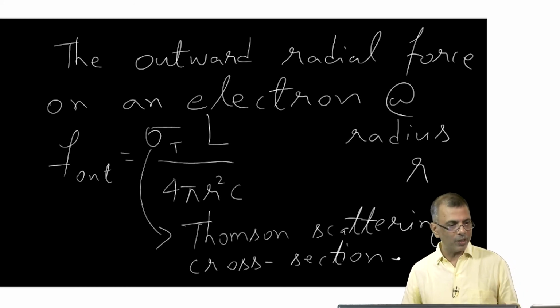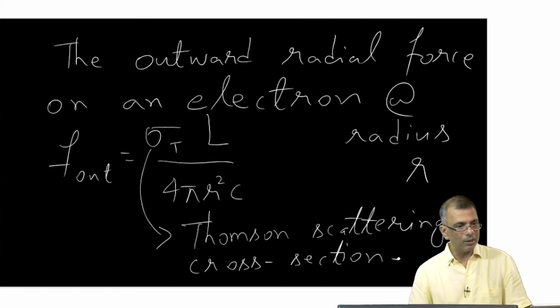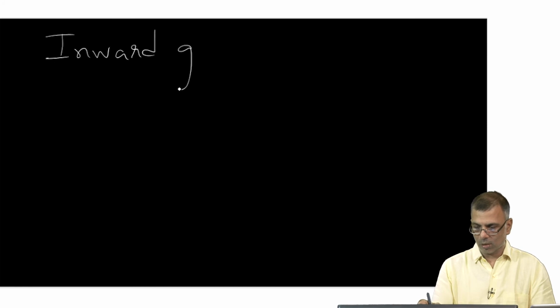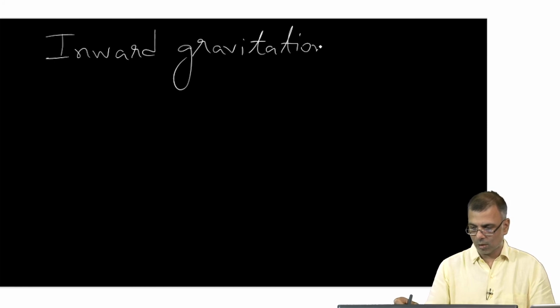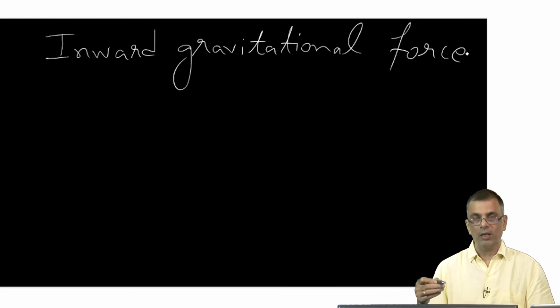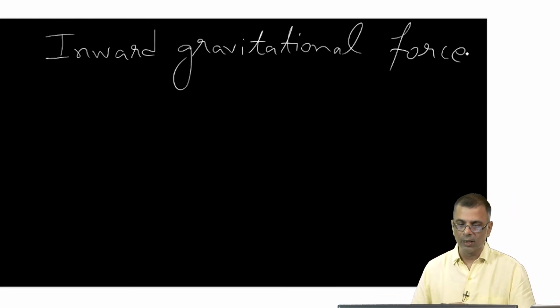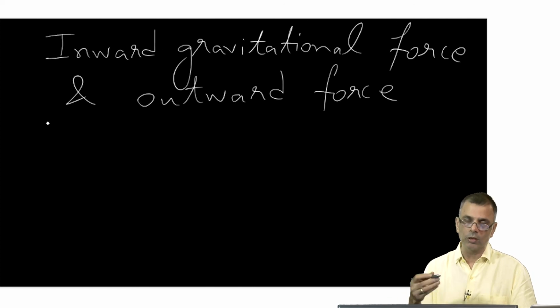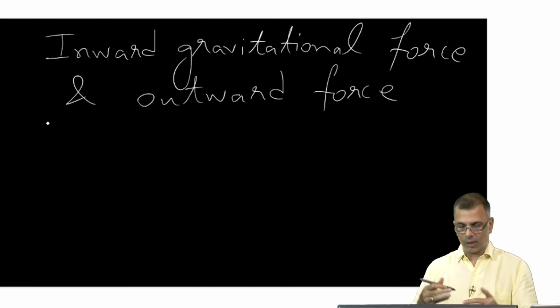These two forces, the inward gravitational force, which is of course mostly felt by the protons, and the outward force due to photon coupling, which is felt by the electrons but indirectly, due to Coulomb coupling with protons, the protons also feel this force.